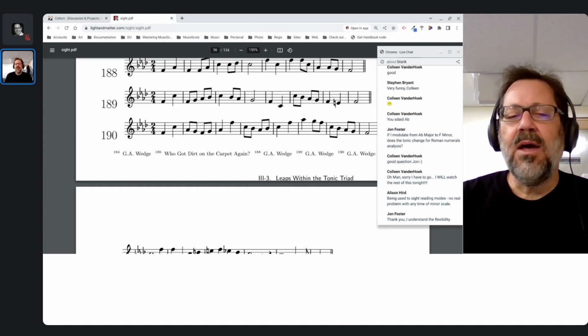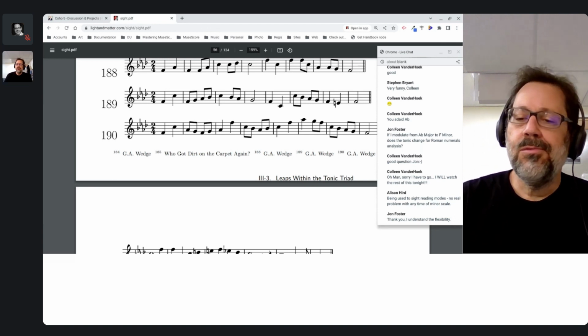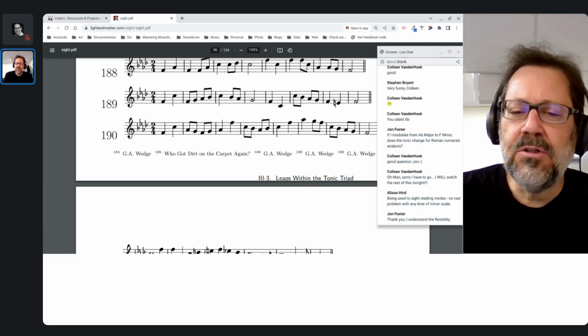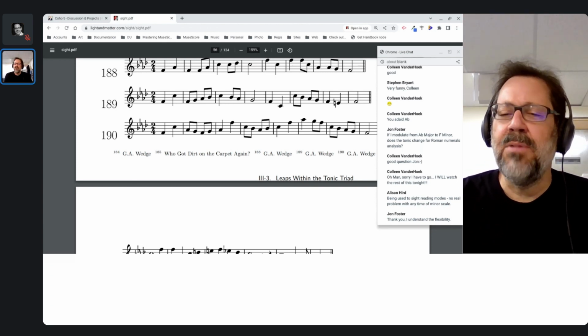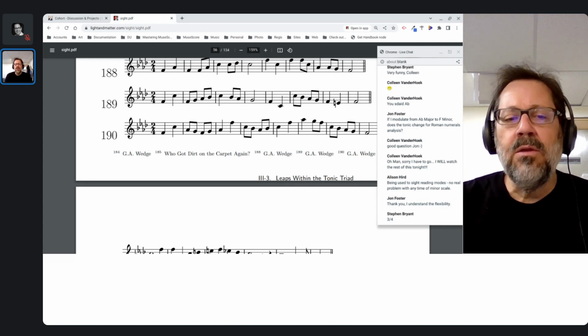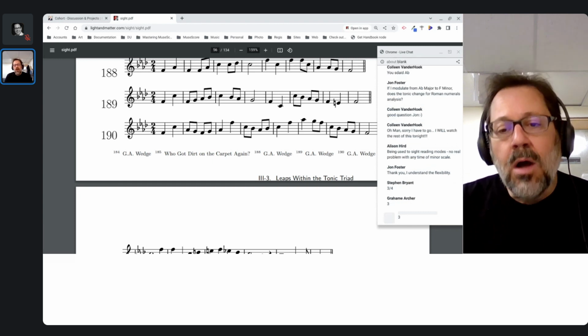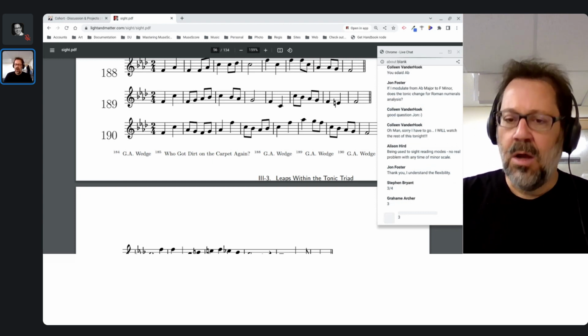So you all tell me, what time signature are we in? I think it's pretty clear. It's not ambiguous. It's not like Row, Row, Row Your Boat. Yeah, you're right, 3/4. 1, 2, 3. 1, 2, 3. 1, 2, 3.